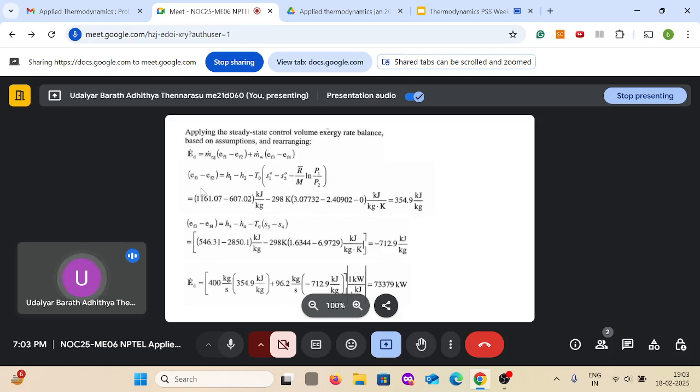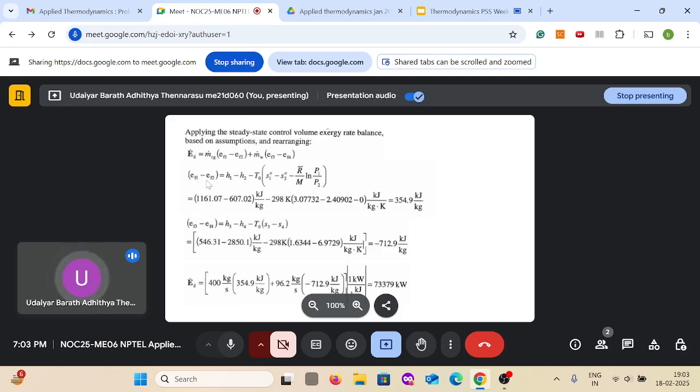So here we are doing inlet minus exit. So actually, if you see, we were sort of doing exit minus inlet. So here, because of the negative sign and rearranging, we get inlet minus exit. So exergy destruction is exergy in minus exergy out. So we are doing in minus out.